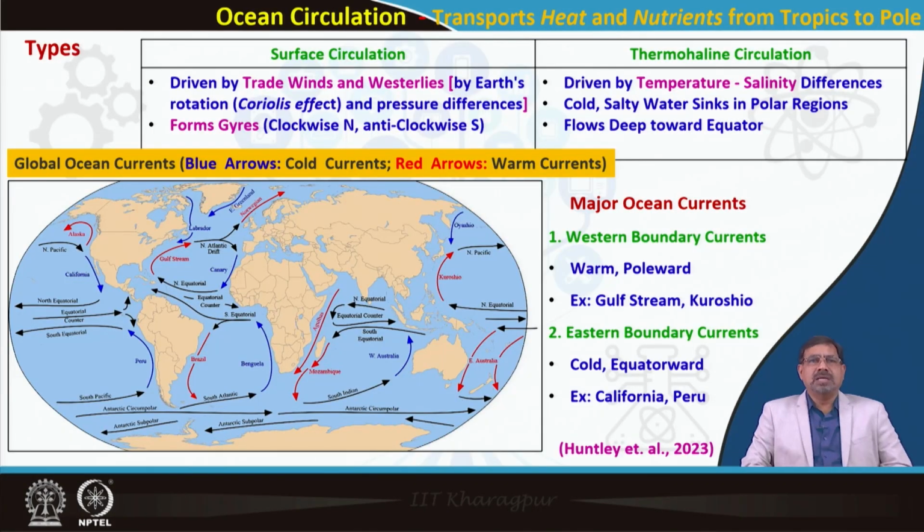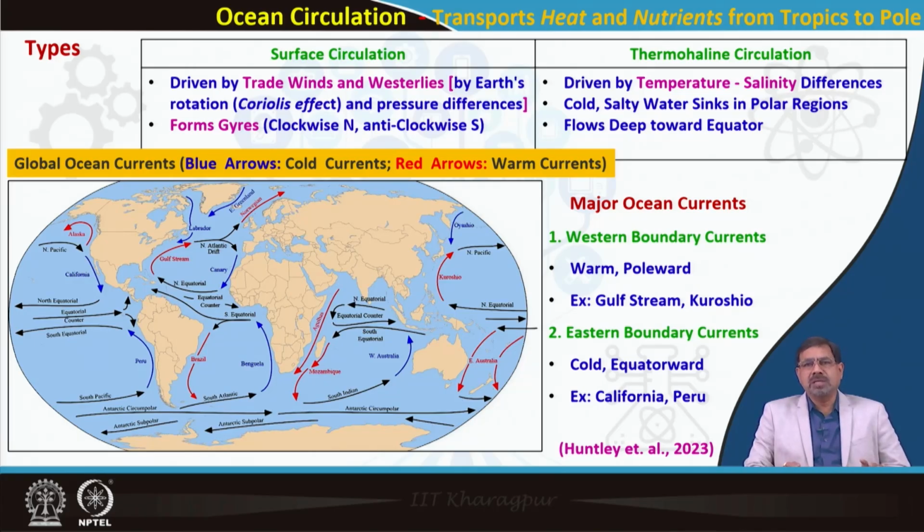So, friends, let us have a look at oceanic circulation. What does oceanic circulation mean? It means the transport of heat and nutrients from the tropics to the poles.